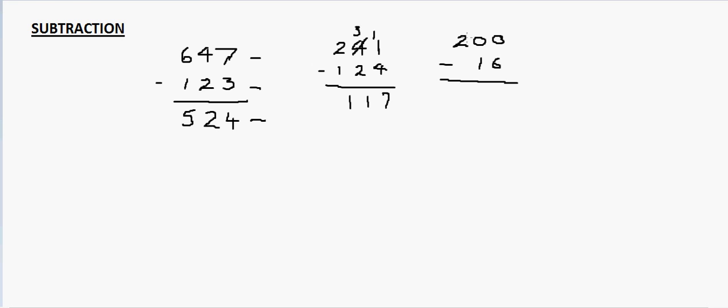So firstly, I have to make this number a whole number. So I borrow from here. So 2 take away 1 is 1. And this now becomes 10. So now I can borrow from here. So if I borrow from 10, this leaves me 9.